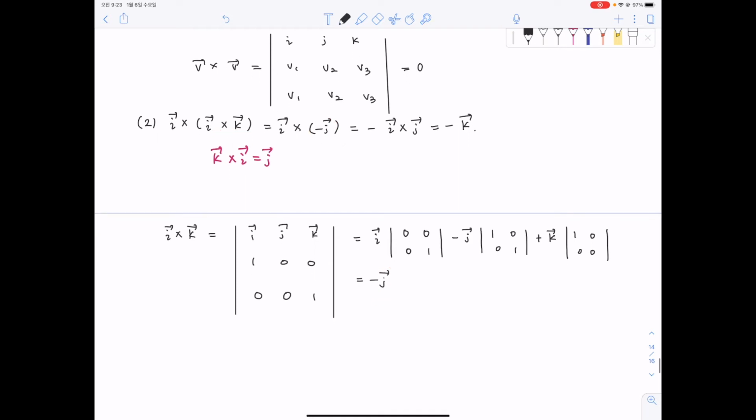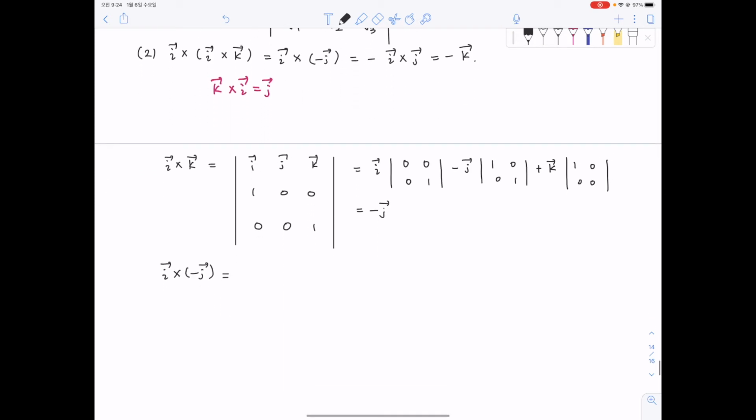And so if we want to calculate i cross product with minus j, then you can see that here by definition i, j, k with here i is 1, 0, 0 and minus j is 0, minus 1, 0.